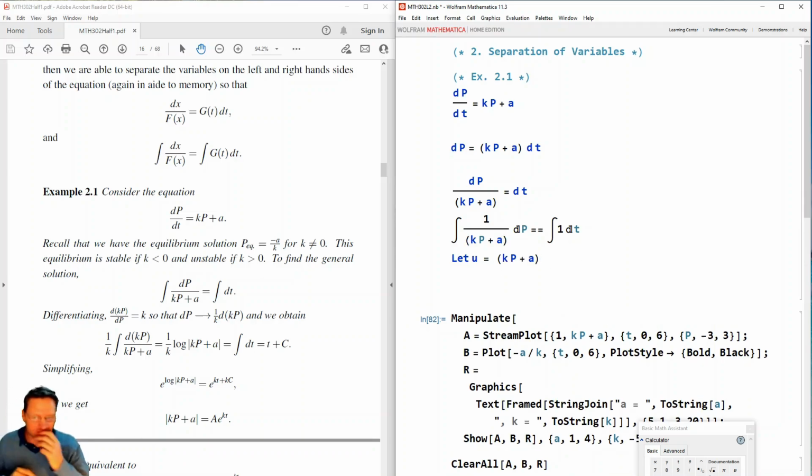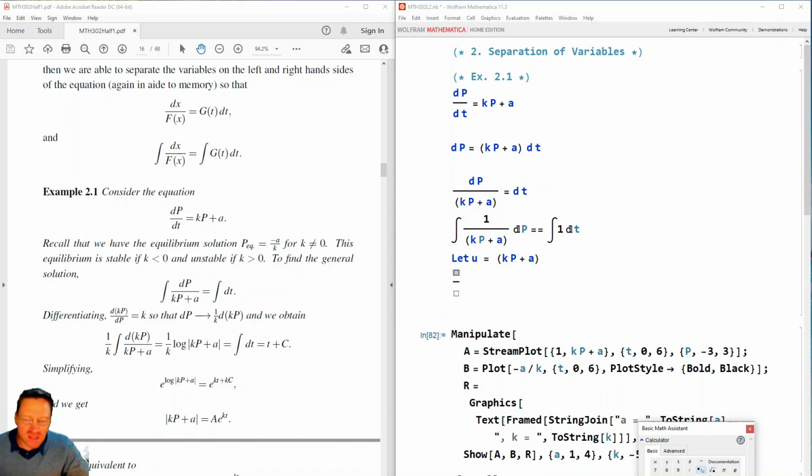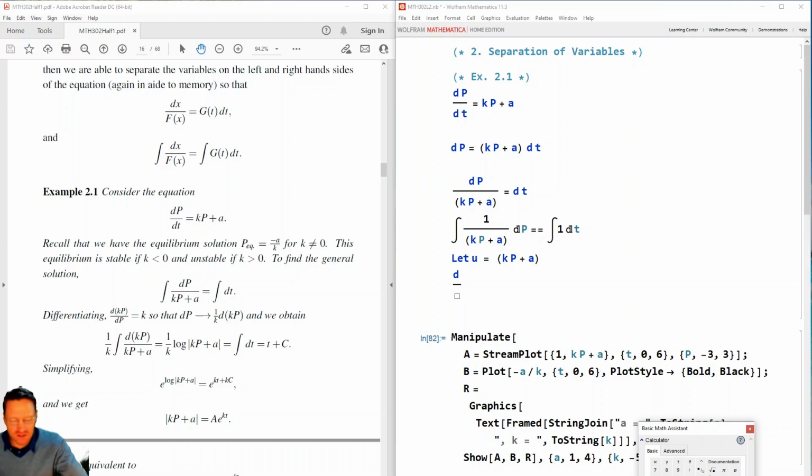Okay, and now what I want to do is differentiate u with respect to p so that I can work out how to change my variables. So du on dp is equal to, well, if I just differentiate this, I just have k.